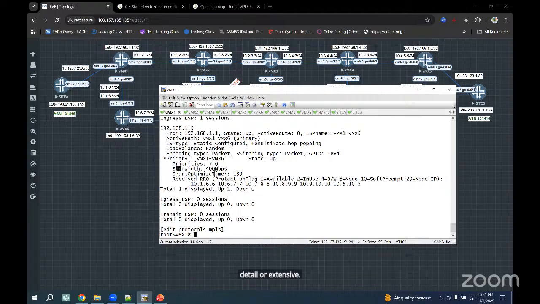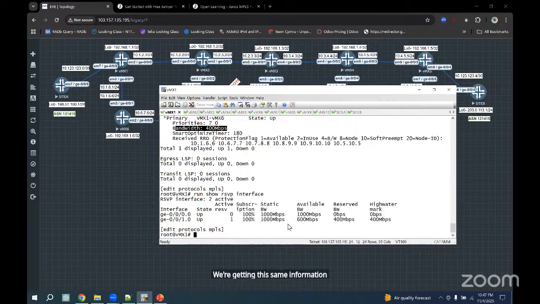See here the bandwidth is 400 Mbps. The bandwidth reservation is 400 Mbps, and we are also getting the same information from the RSVP interface. Reservation is 400 Mbps and the available bandwidth is 600 Mbps.